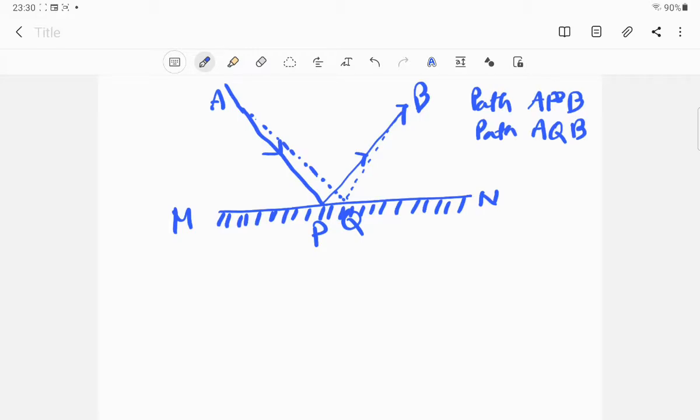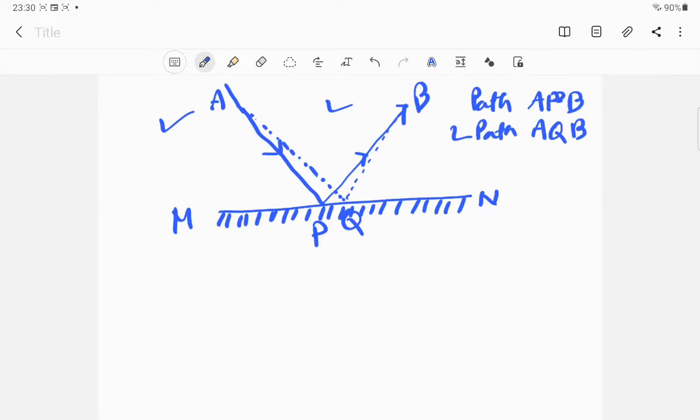Since the path would lie completely in a homogeneous medium, we are talking about the same medium, this medium. Homogeneous medium means the refractive index is the same in all places and doesn't change. So we need to consider only the distance.